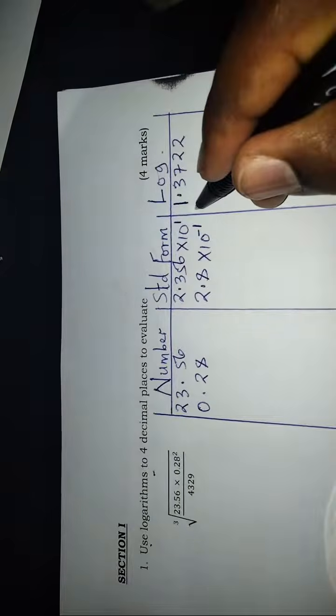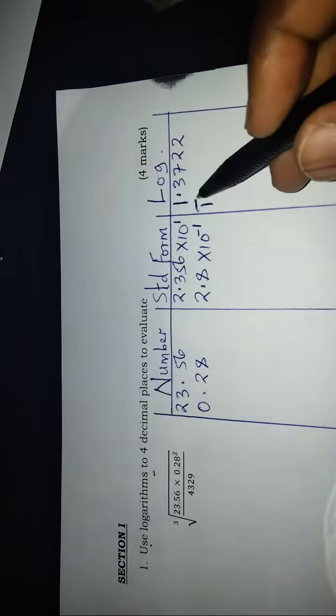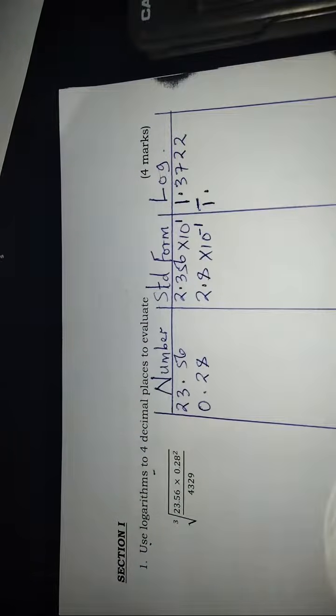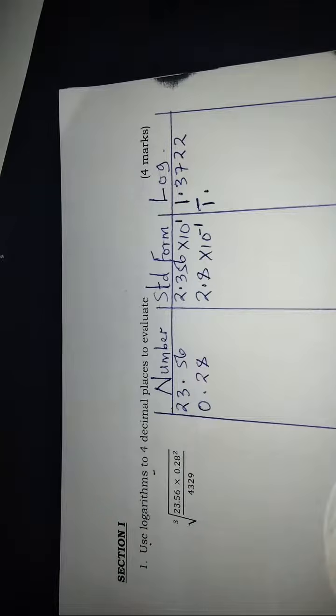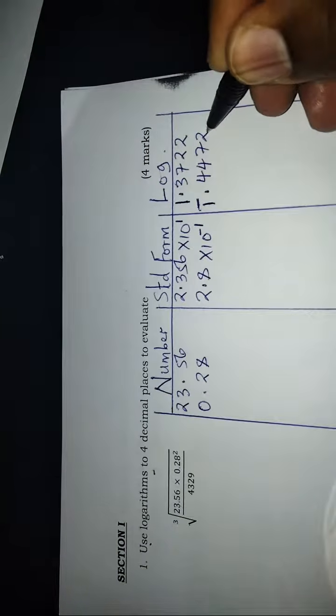We write it as bar 1 to show that the negative is strictly on the characteristic part alone, not on the whole logarithm. Therefore, now we can take the logarithm of 2.8. This gives us 4472, that is to 4 decimal places.